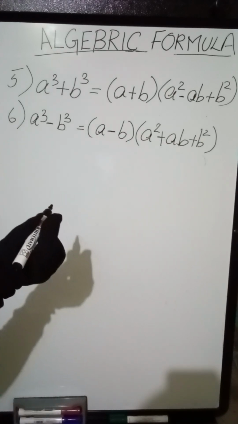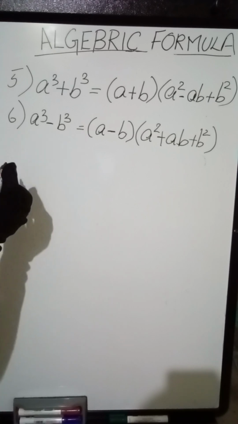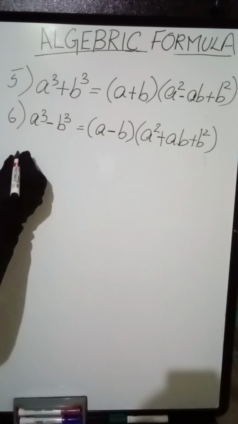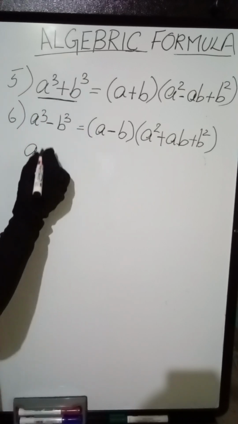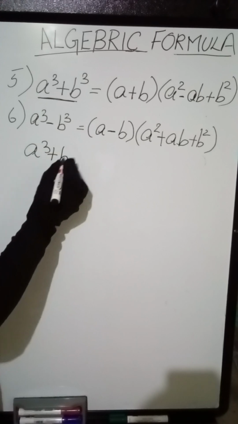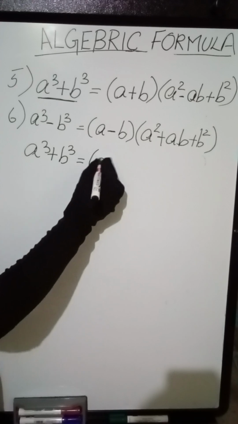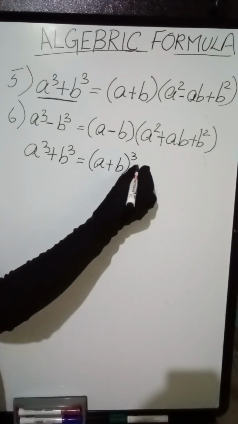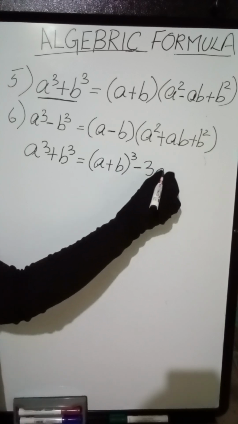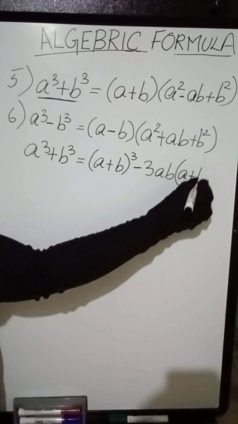Now this formula, we have a plus b, we have the same formula, which is a cube plus b cube can be also written as a plus b the whole cube minus 3ab into a plus b.